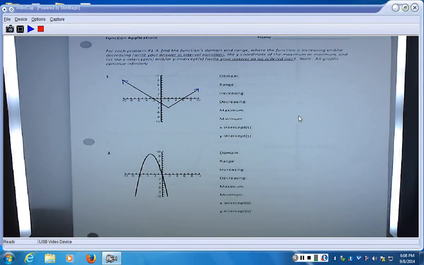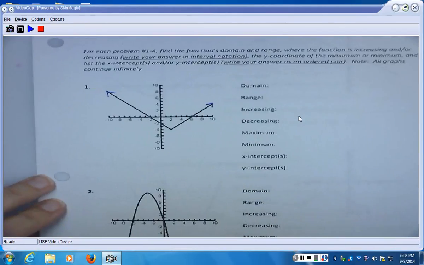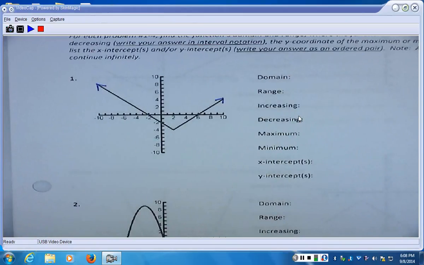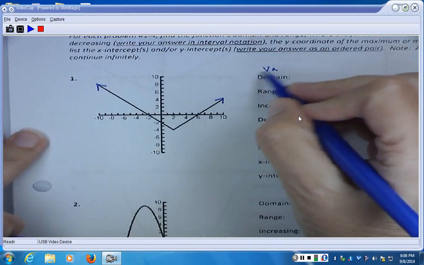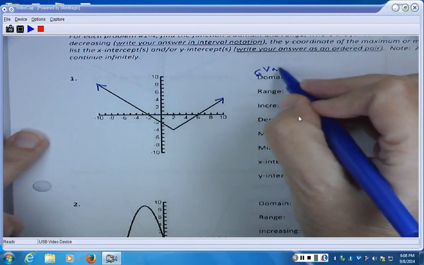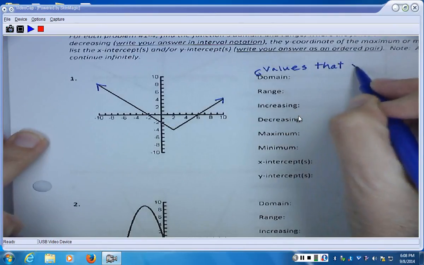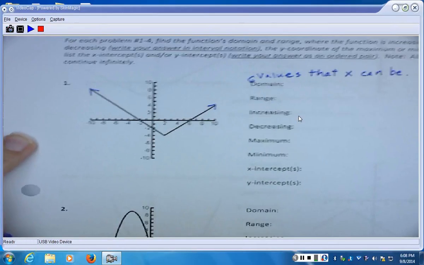Okay? When you are looking for the domain, just a reminder, you are looking for the values that X can be. Okay.